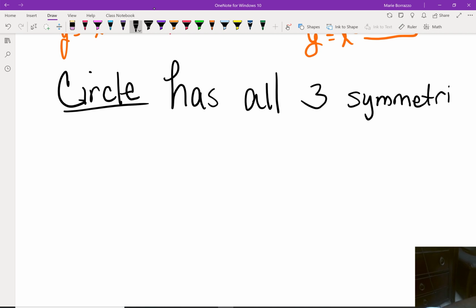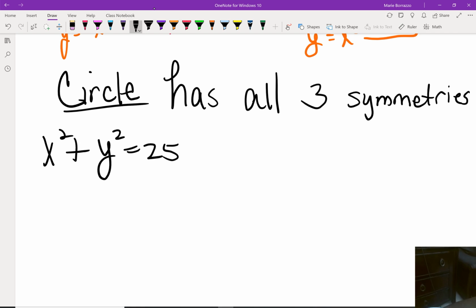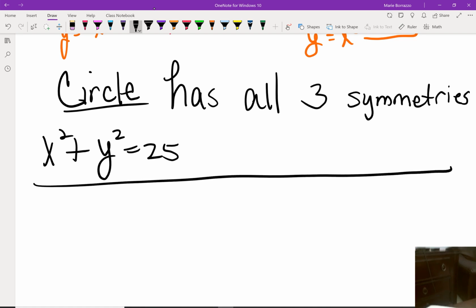If you wish to check one out, I can give you an easy one to try. So let's say I give you x squared plus y squared equals 25, and you can go ahead and test all three symmetries. You do that on your own time. This is a summer term, and I cannot tell you that I am concerned about time.